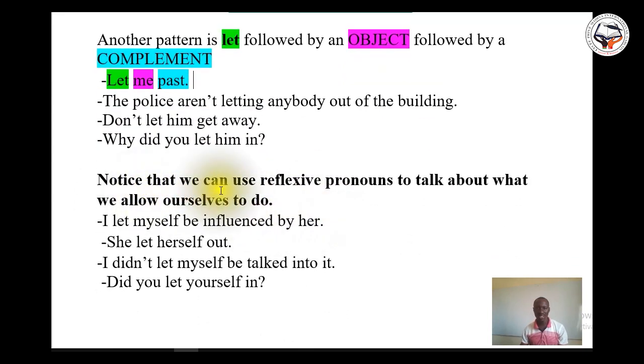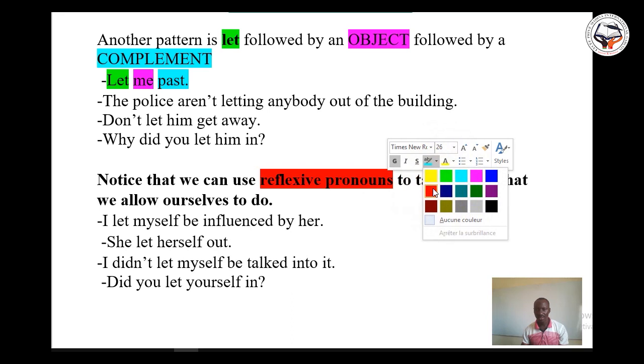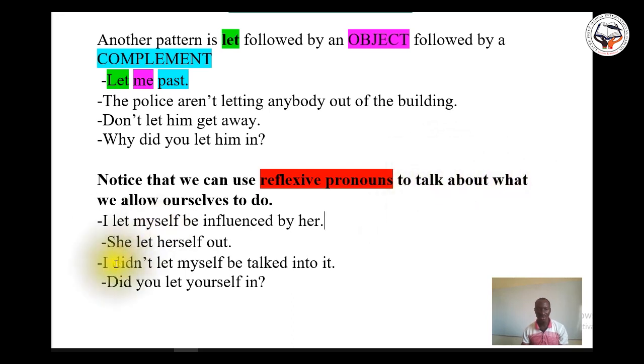Notice that we can use a reflexive pronoun, to talk about what we allow ourselves to do. Here we have the reflexive pronoun myself.